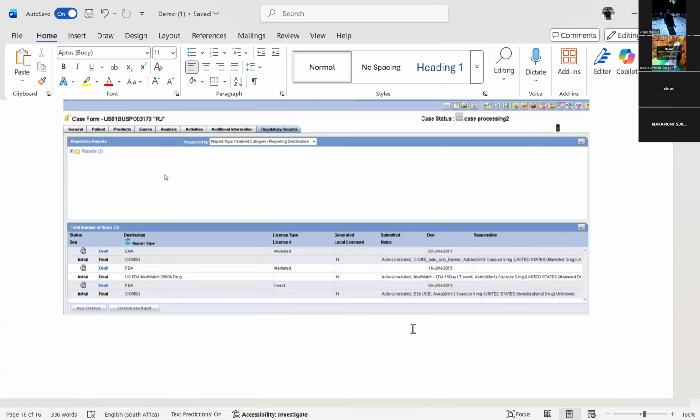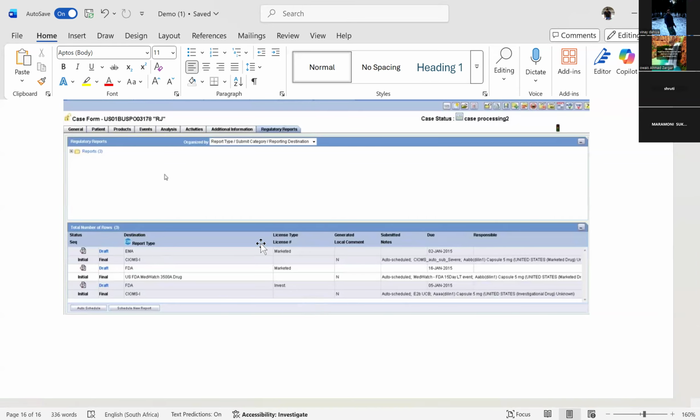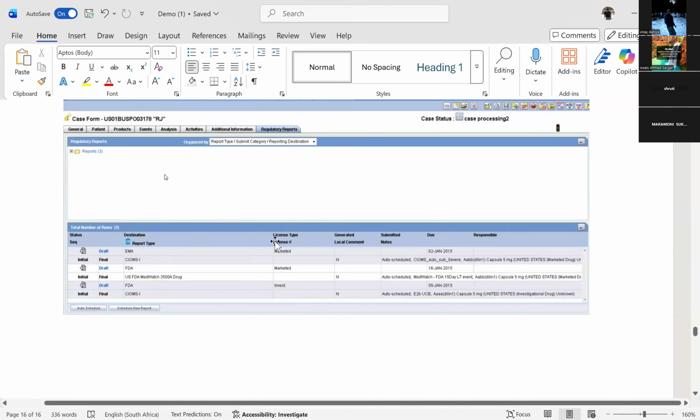So nowadays, we will move on to the automation part. In previous years, these reports used to be scheduled manually. But in the present day scenario, these tabs are automated.